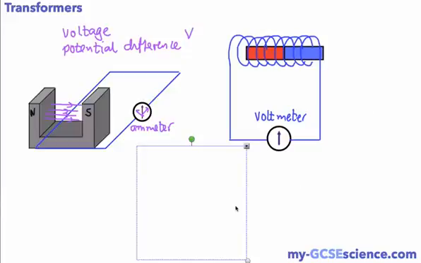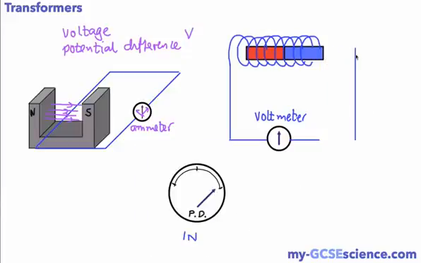So if we have the permanent magnet moving in, the reading will go to one side on the scale. Here we have a 0, a positive reading on this side and a negative reading on that side. With the magnet moving in, we have potential difference in one direction.